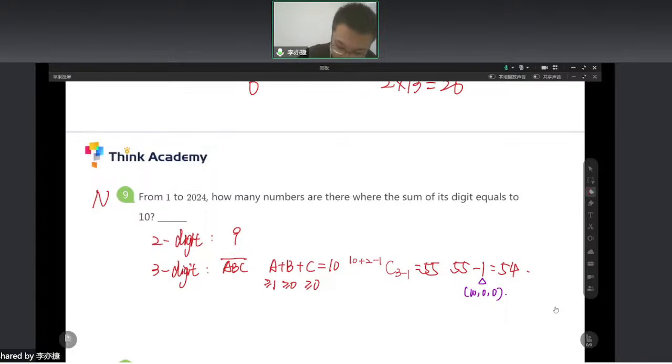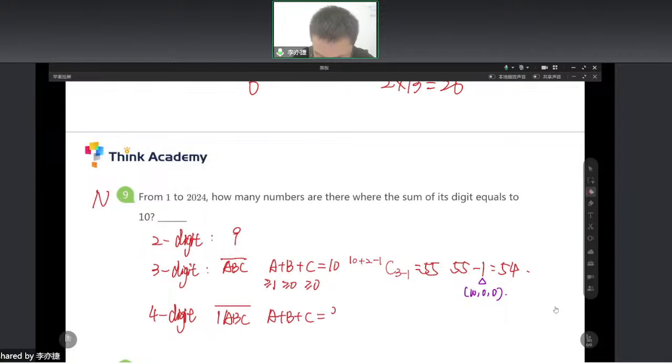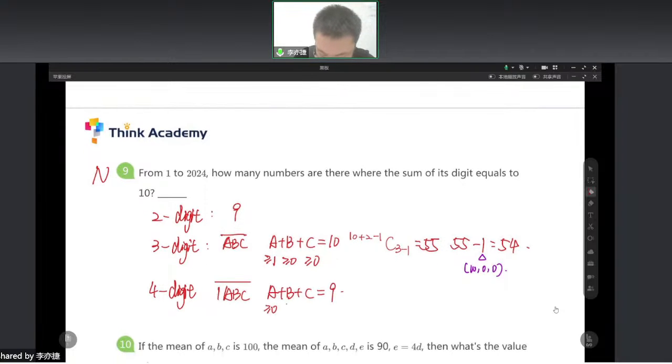And then for 4-digit numbers, it's A, B, C, D, but the number is at most 2024. So maybe we start with 1, A, B, C. In this case, A plus B plus C equals 9 instead, and A, B, C can all be 0. So again, we lend 3 to all of A, B, C, then minus 1.